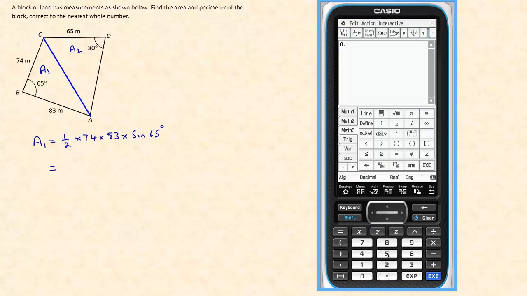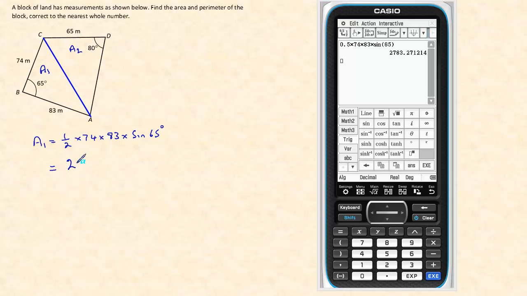So 0.5 multiplied by 74 multiplied by 83 multiplied by the sine of 65, and that gives me 2783.27, and that would be in meters squared.